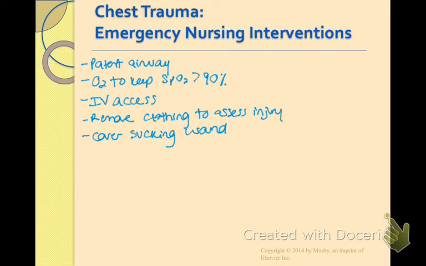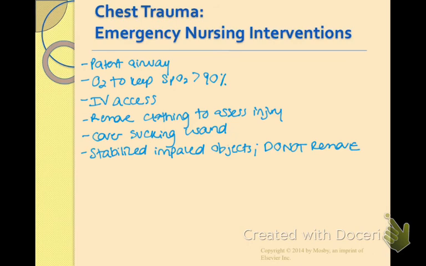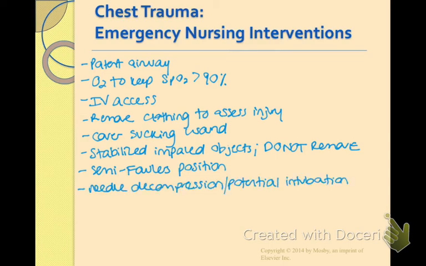The more air in the pleural cavity, the more positive pressure, the more collapsed your lung is going to become. We want to stabilize impaled objects. Do not remove them. Semi-Fowler's position. Needle decompression or potential intubation. And monitor things like vital signs, level of consciousness, oxygen, heart rate, respiratory rate, urine output.